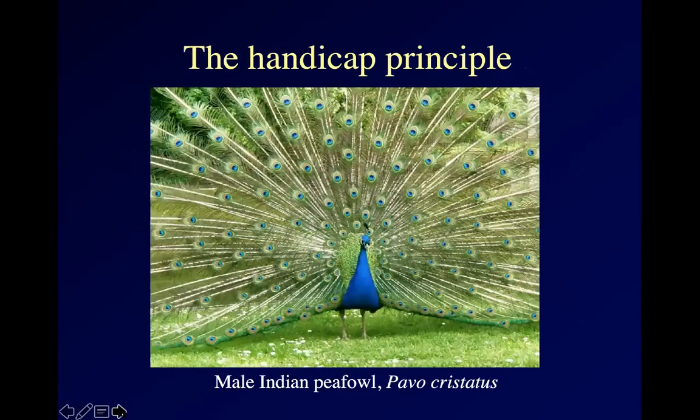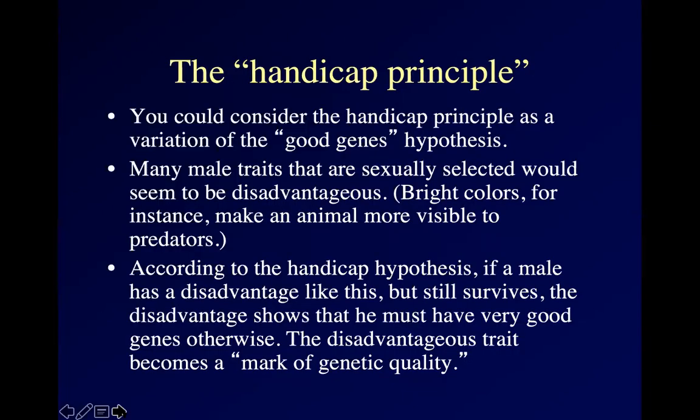For a peacock to have an enormous tail like that and live under this handicap and still be able to survive to adulthood and mate must mean that Mr. Peacock has pretty damn good genes otherwise. So the idea is that some traits are sexually selected because they are unfakeable signals of overall good genes.